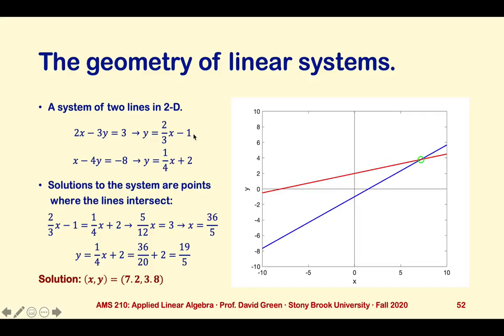This first equation would have a slope of 2/3 and a y-intercept of -1. That's this blue line shown here. The second equation rearranged gives a slope of 1/4 and an intercept of 2. That's this red line, a more shallow slope and an intercept of 2.